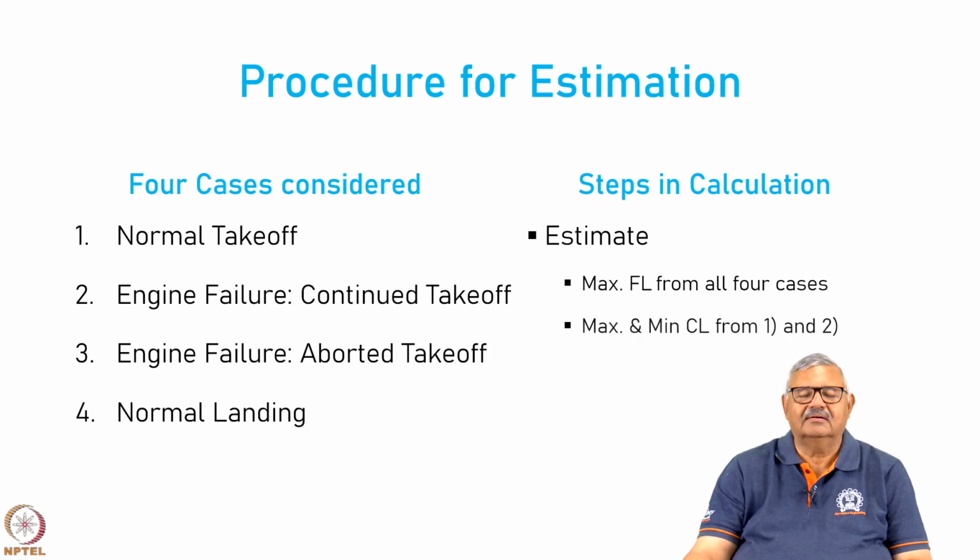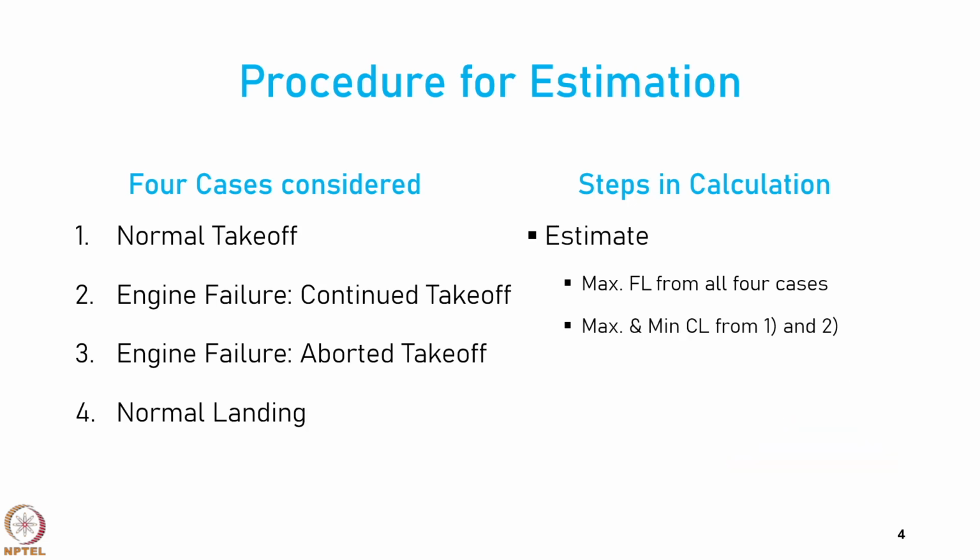Then we take the maximum and the minimum values of the clearway from the first 2 cases, the normal takeoff case and the engine failure continued takeoff case. Clearway, as I mentioned, has no role in normal landing and also it has no role in the case of an engine failure during aborted takeoff.